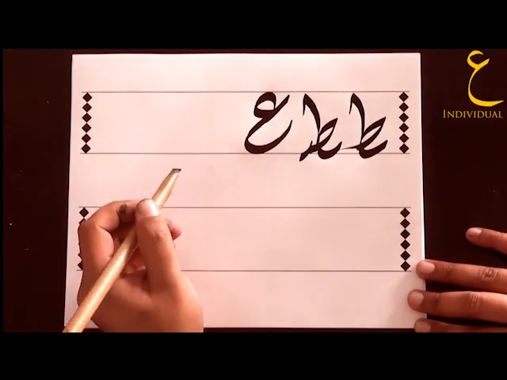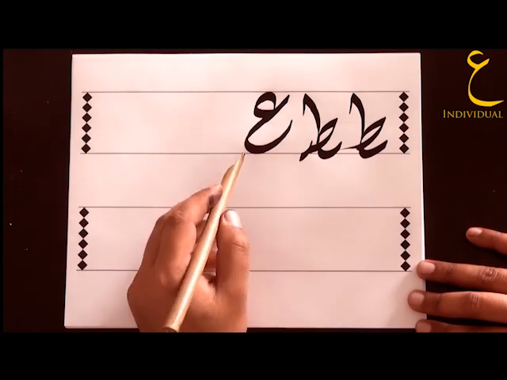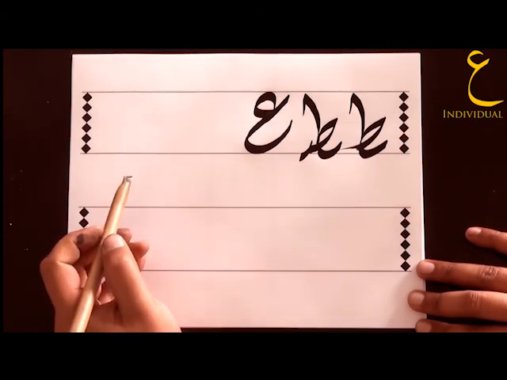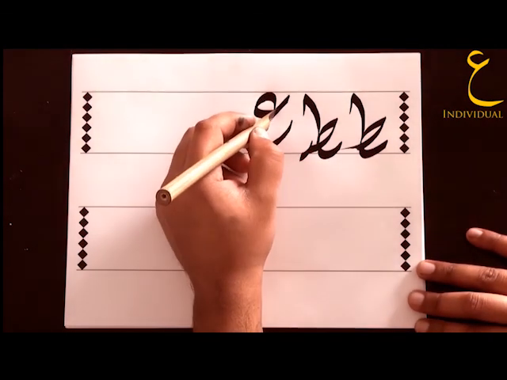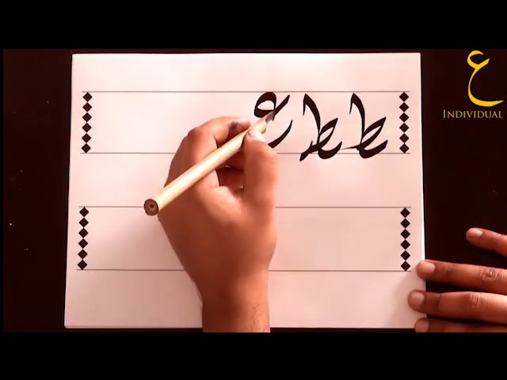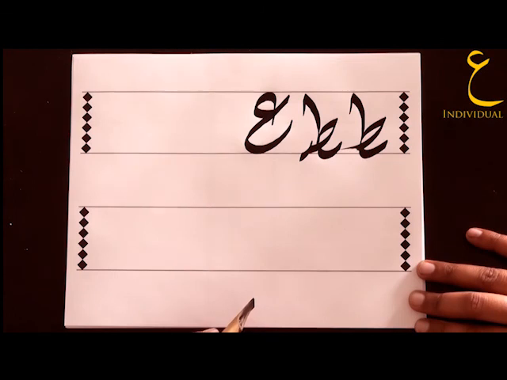Now notice that this tail end here could also be scripted like the tail end of Jim. And you can also use this tail end that is scripted here for the ending of Jim as well. So for both of these letters, you can alternate between the tail ends.